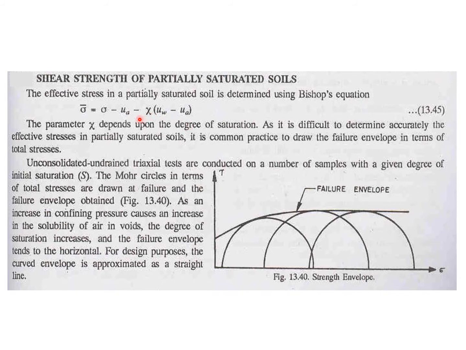Well, if we consider this thing, U sub W minus U sub A, there is one term that you would find in the literature, that is the matric suction. That is in fact U sub A minus U sub W. I will repeat, U sub A minus U sub W, that is also called matric suction.